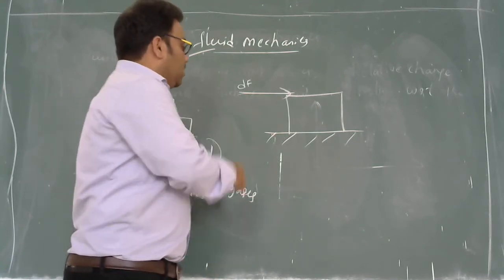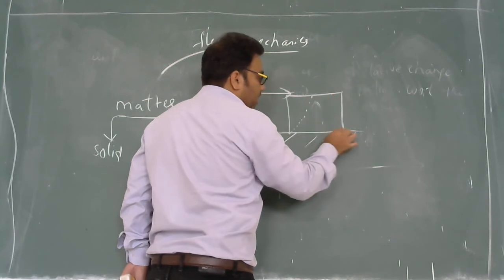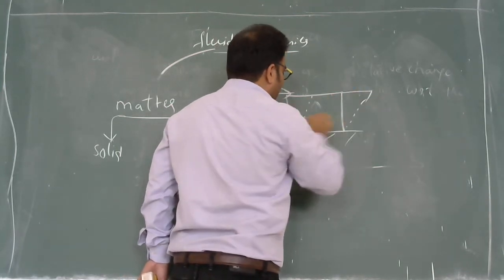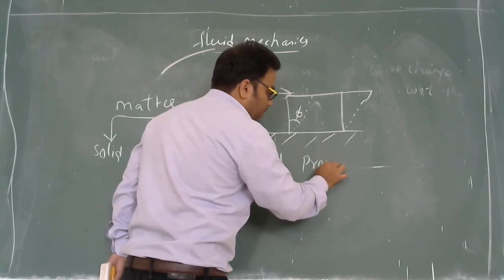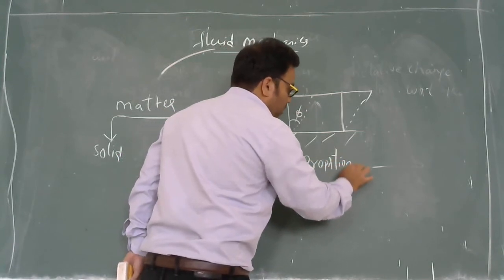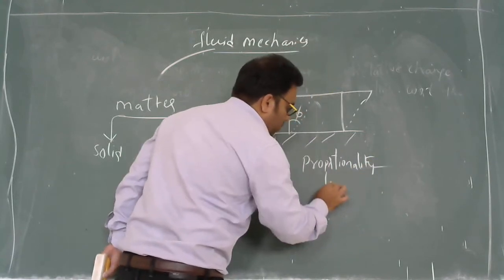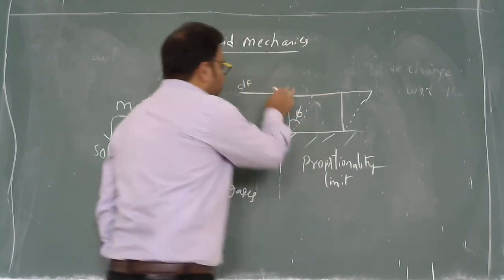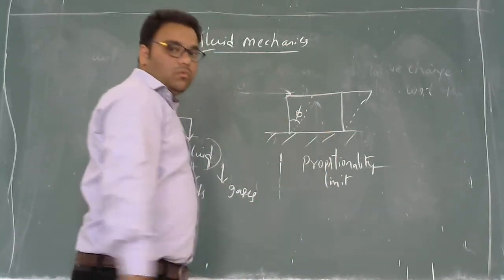Whatever the solid body is, it tends to change its position up to the proportionality limit. Again, if you remove this force, you will get its original shape.